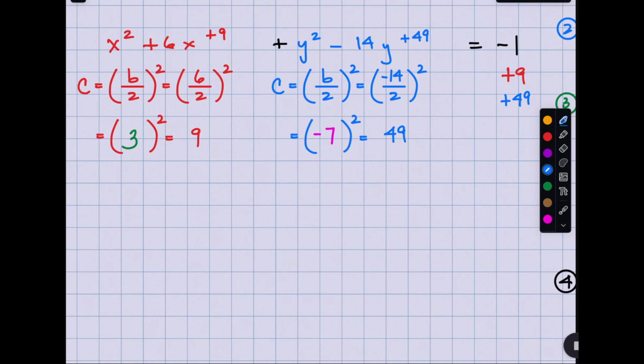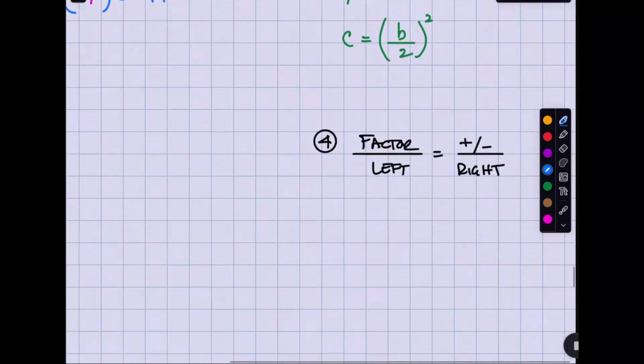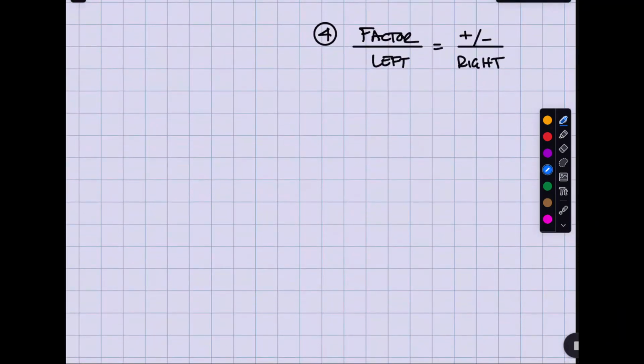So what is the fourth step? Let's read it. You're going to factor the left side, add or subtract the right side.